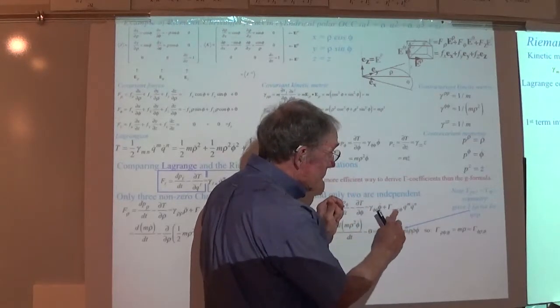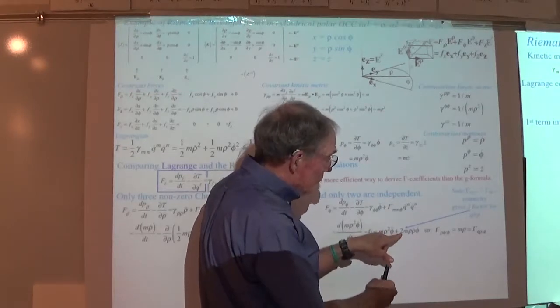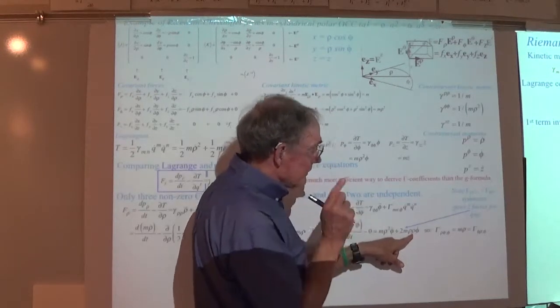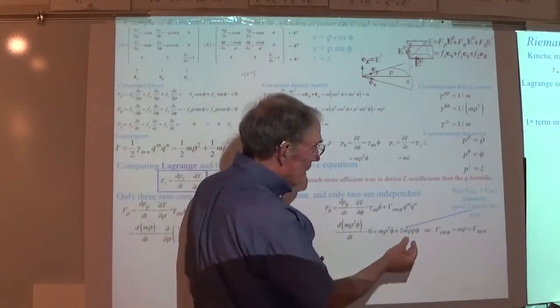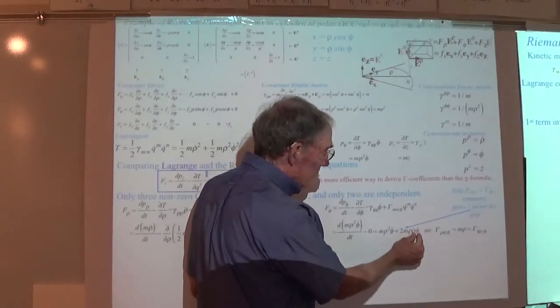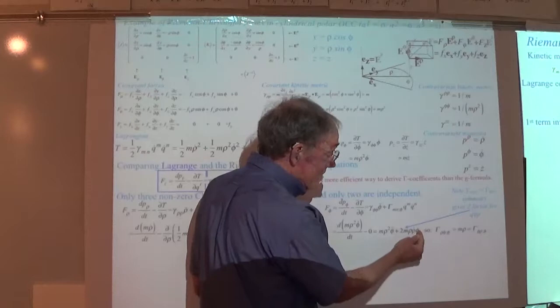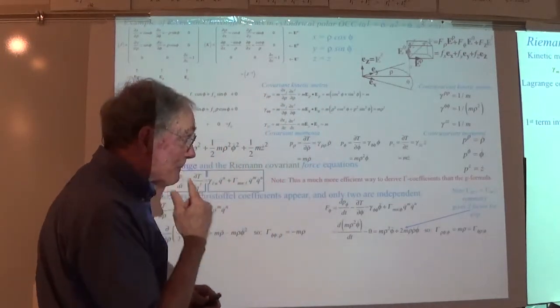This thing is supposed to be symmetric in m and n, so you get an extra factor of 2 here when you add up everything that this gives. And that's something I want to make sure you notice, that it's going to be 2 times the product of the radial velocity with the angular velocity. So this is the Coriolis coefficient we're looking at here.